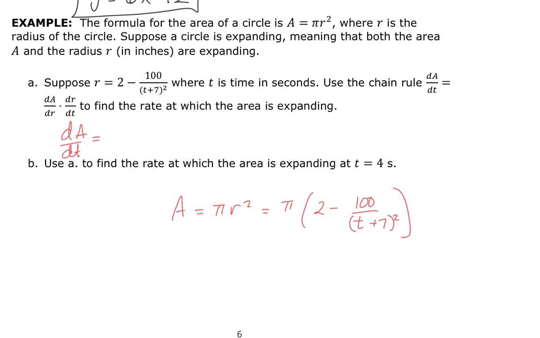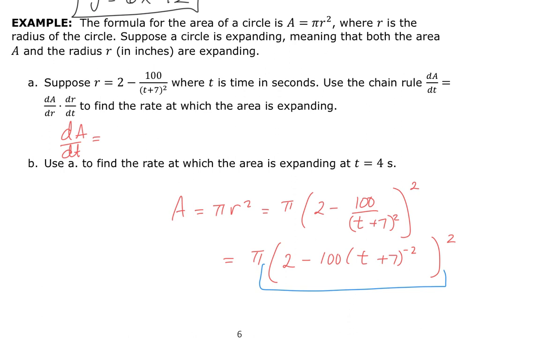This can be rewritten as pi multiplied by 2 minus 100 (t plus 7) raised to the negative 2, the quantity squared, because it's r squared. Now I'm going to take the derivative of my outer function first. My outer function is the squared part.